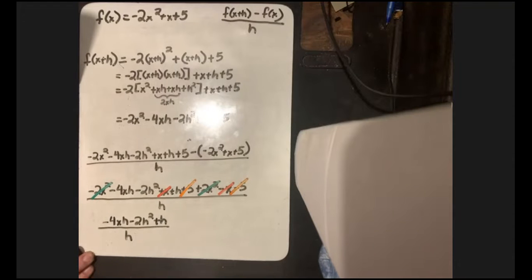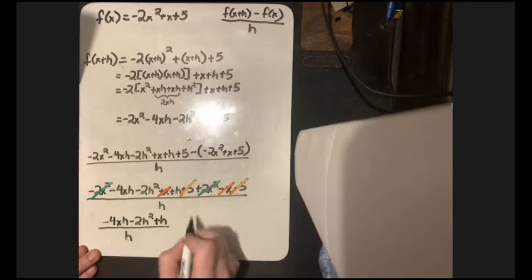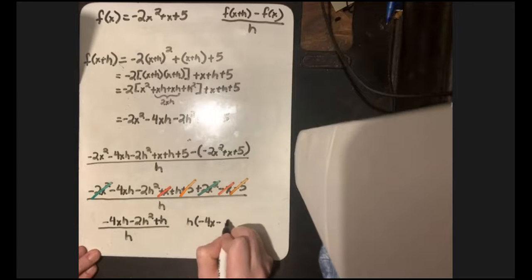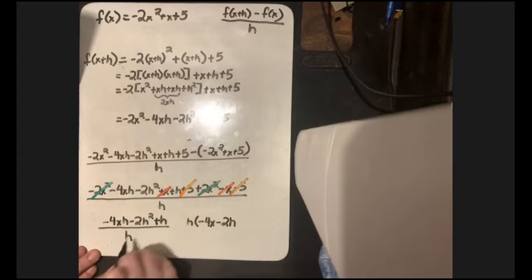Okay. Now, some of y'all may be able to cancel an h out of every piece right now. Some may need to see. I'm going to factor: all of these top pieces have an h in it. So I'm going to factor that. So it leaves me a minus 4x, a minus 2h, because this has an h squared in it, so I'm only taking one. And remember, this is plus 1h.